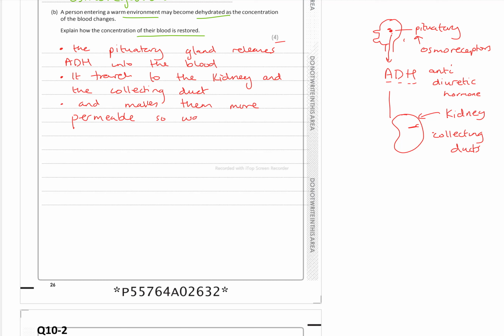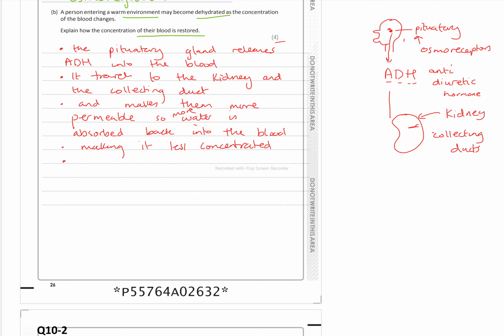So more water is absorbed back into the blood, making it less concentrated.